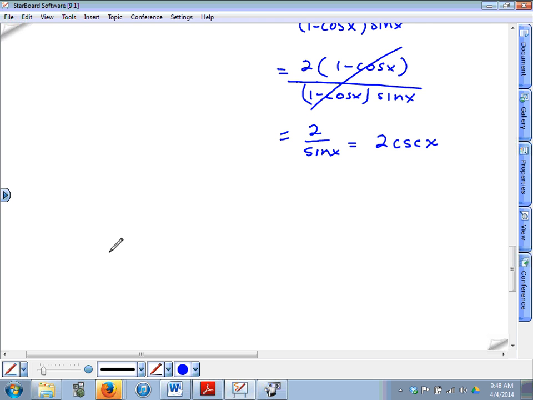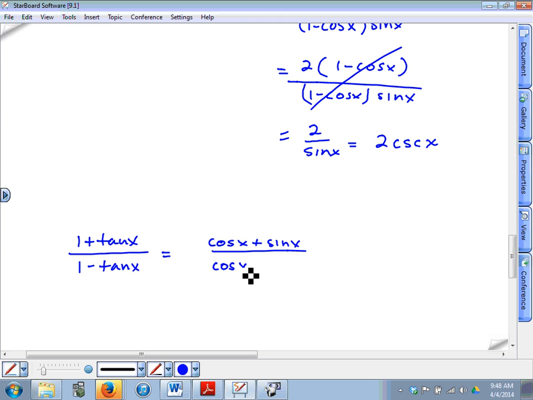Just roll with it. 1 plus tangent of x over 1 minus tangent of x equals cosine of x plus sine of x over cosine of x minus sine of x.